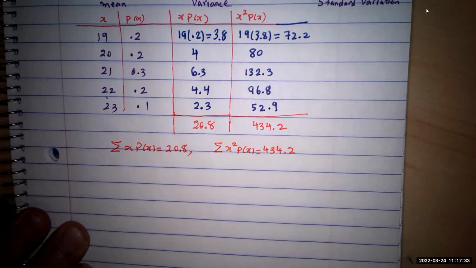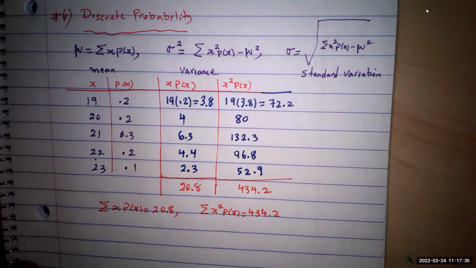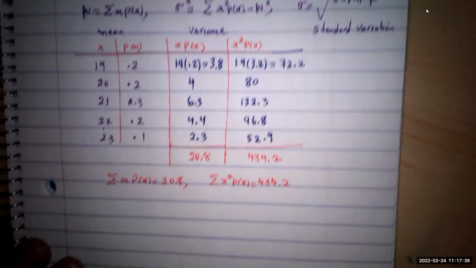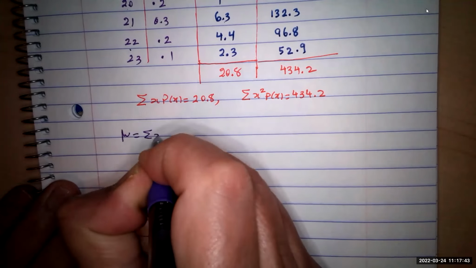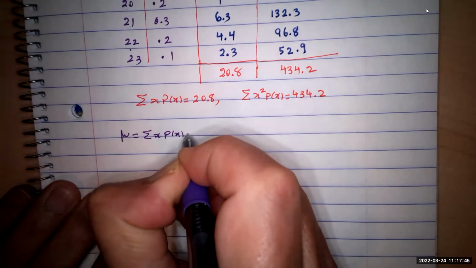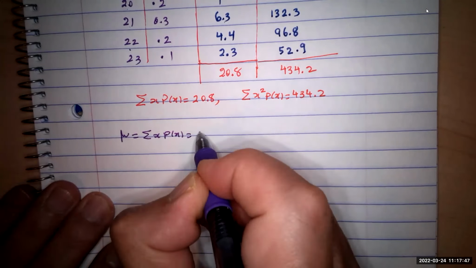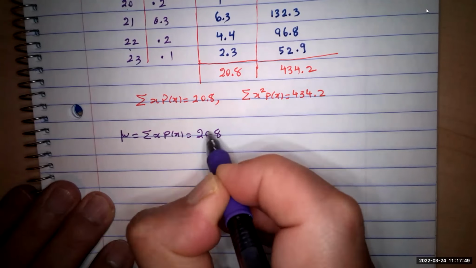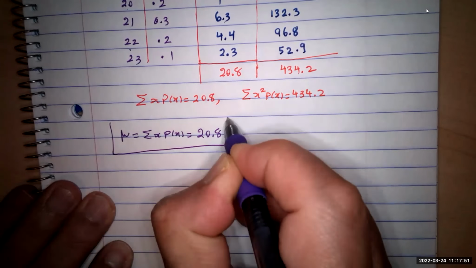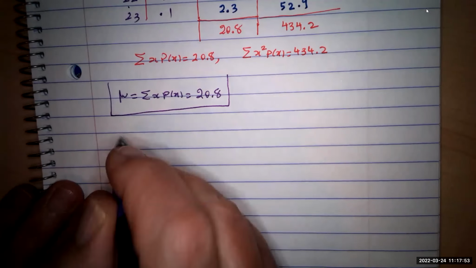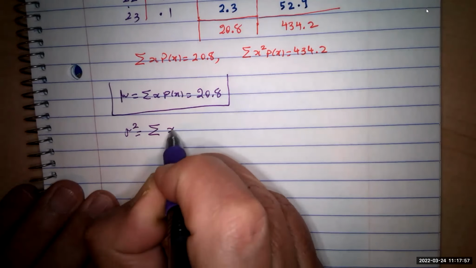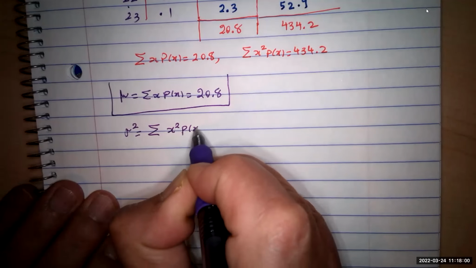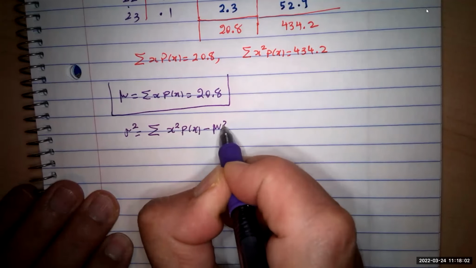Now use those top three formulas to get the result. Mu is sigma x P(x). So it's 20.8. That is the mean. Variance, sigma squared, I just repeat the formula: sigma x squared P(x) minus mu squared.